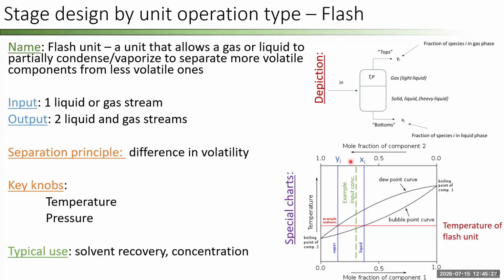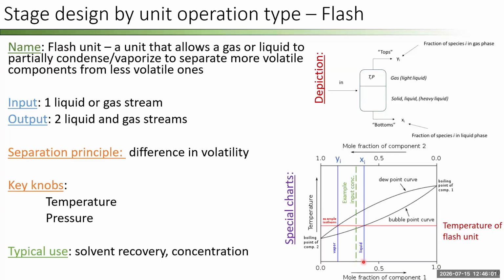Because here, if I have some sort of input coming in, so I'm going to draw this as this green line. And if I'm operating at the temperature that's this red line right here, right, I can see this intersection. I'm going to end up with two phases, a gas phase and a liquid phase. If I go over to the liquid phase and drop down, I can see that that liquid phase has now been concentrated in component one compared to the input, right?